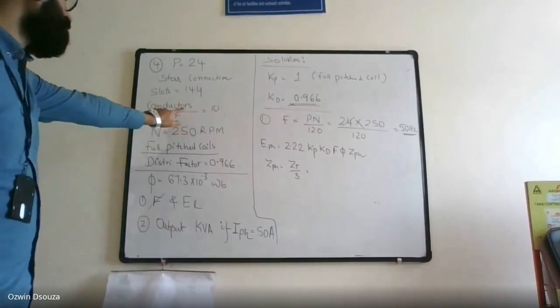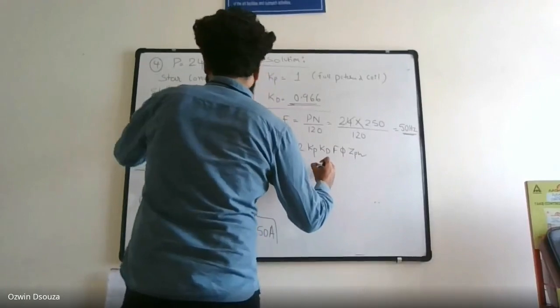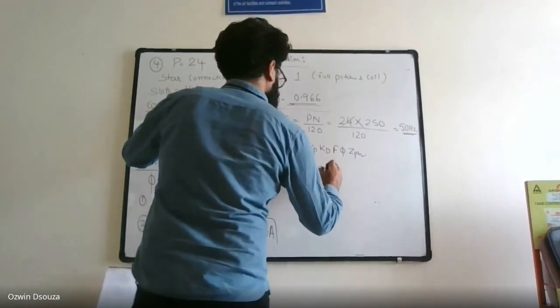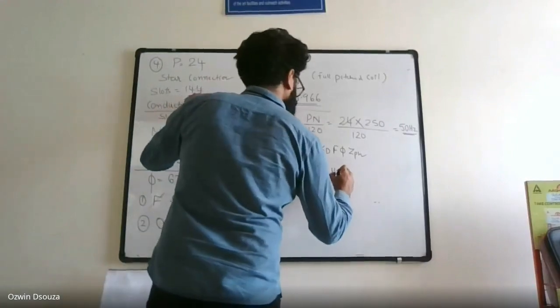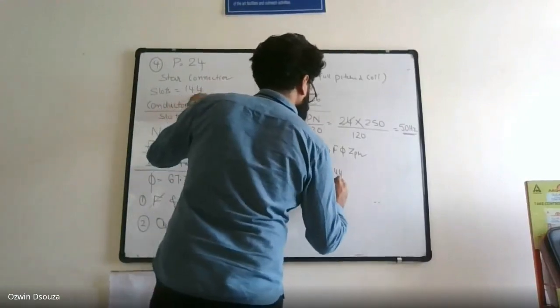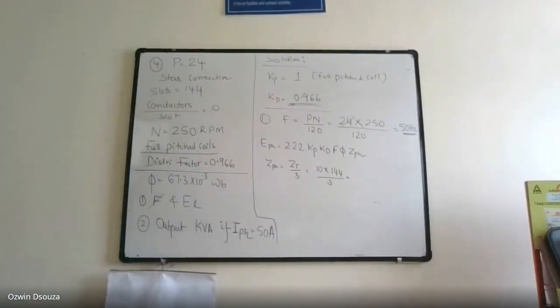Z total is equal to 10 into slots, and slots are 144, so 1440 divided by 3 is your Z phase.